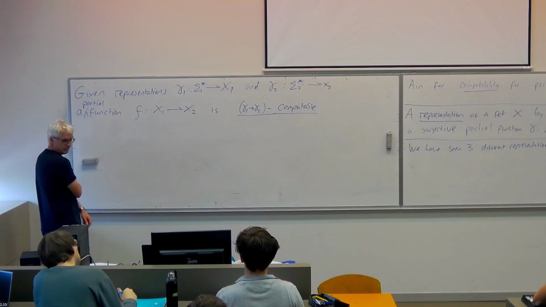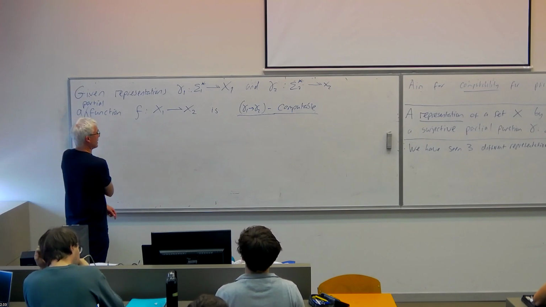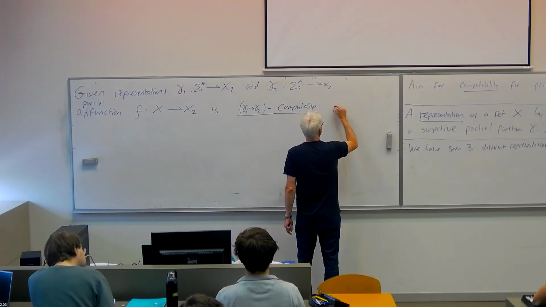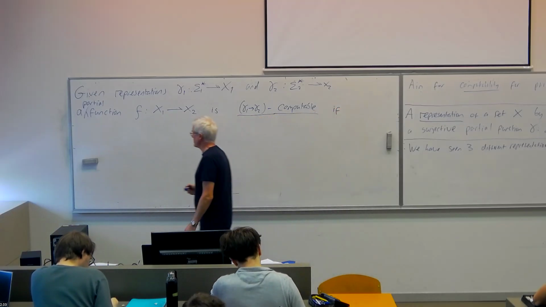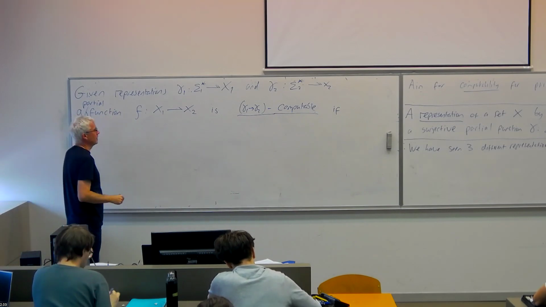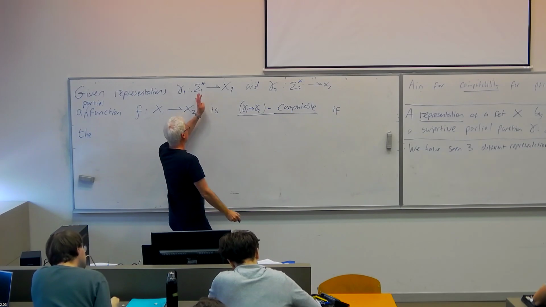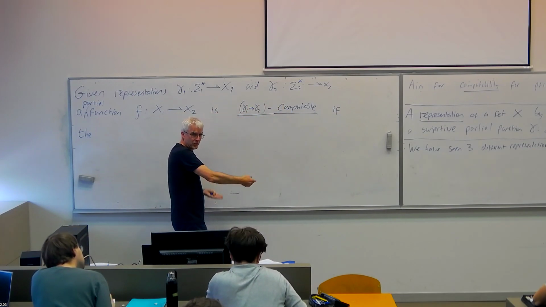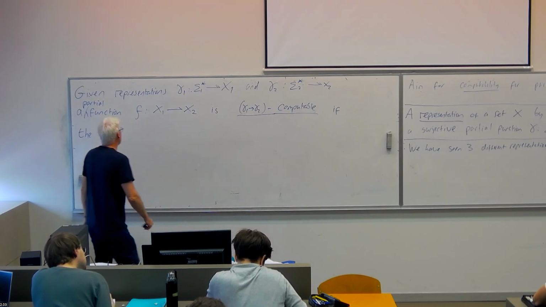So it's computable if, just as before, what we need is a computable partial function on words, one that's computed by a Turing machine in the way we discussed at the beginning of the lecture.